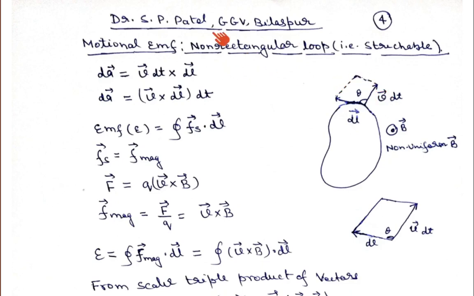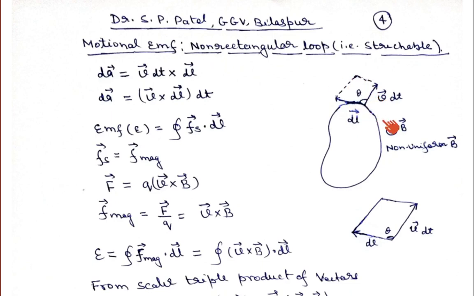Then what will be the EMF? I hope you understood what I wanted to say. As the circuit is moving, the loop bounding the magnetic field lines is not defined, it is stretchable. That is what I wanted to say.